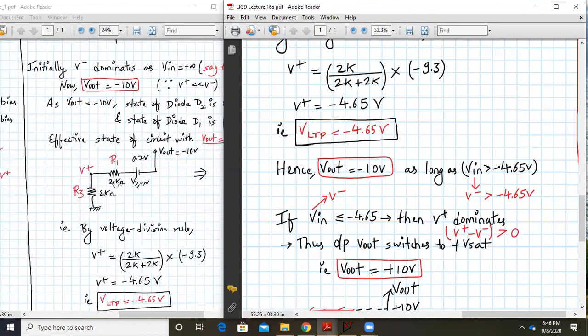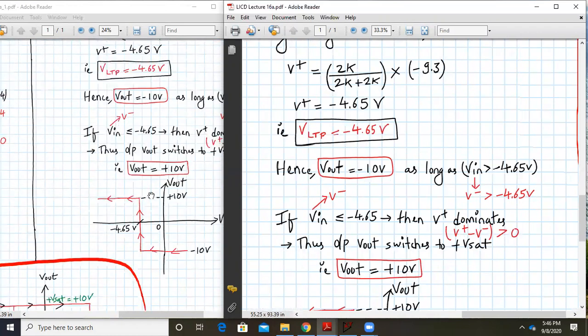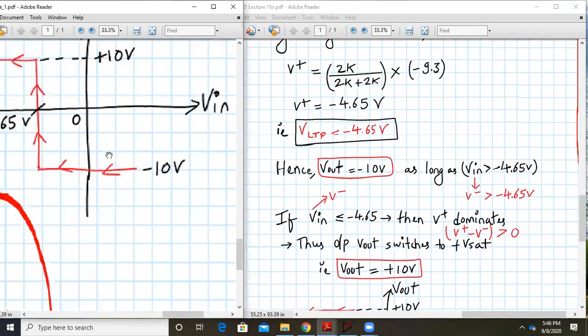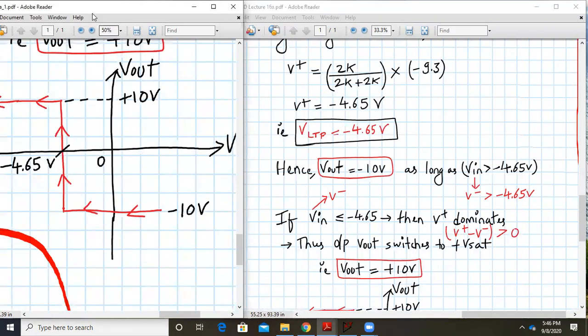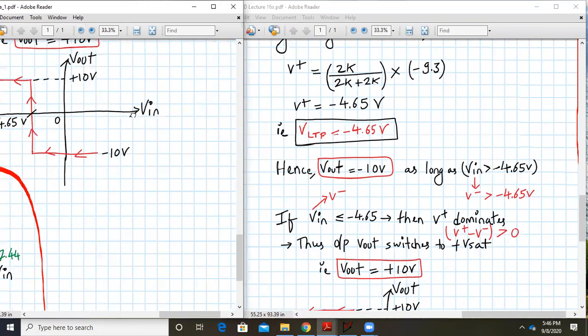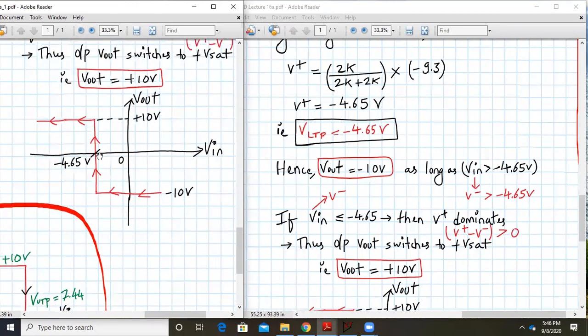So let me go to the diagram from here. Okay, so this was the diagram which we were talking about. Let me reduce it a little. So your output will remain at minus 10 volts as long as V in is greater than minus 4.65.